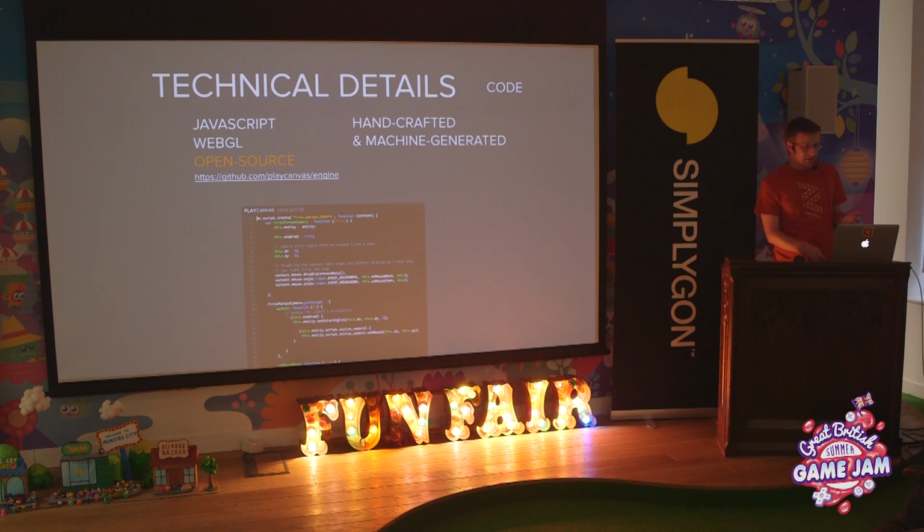So some of the more technical details. The engine is JavaScript, like I said. We use WebGL to do hardware accelerated graphics. The engine itself is open source on GitHub, so you can fork it yourself, you can access it. We've very specifically planned a combination of handcrafted JavaScript, so it's easy to debug, nice looking code, easy to follow, and machine generated JavaScript.